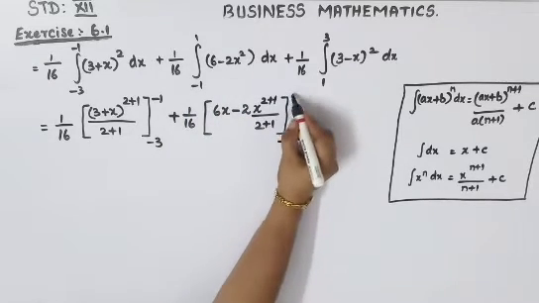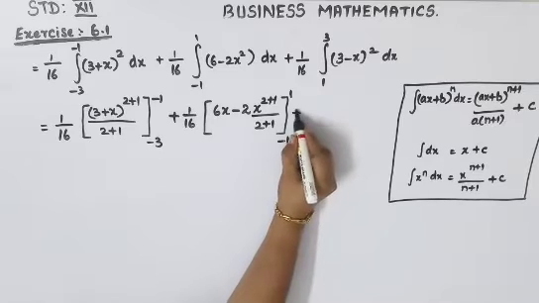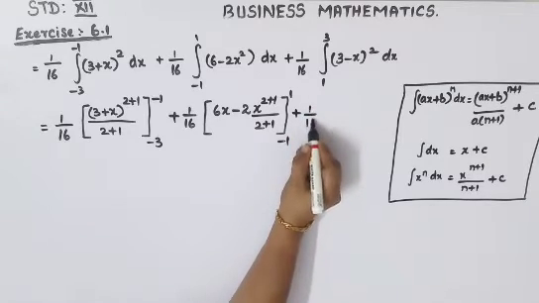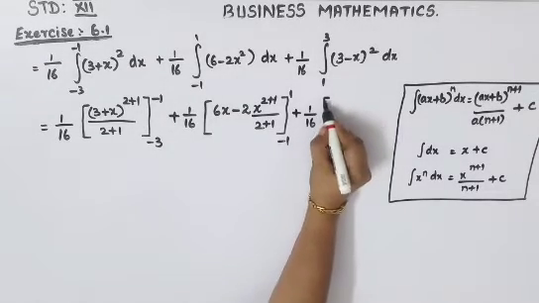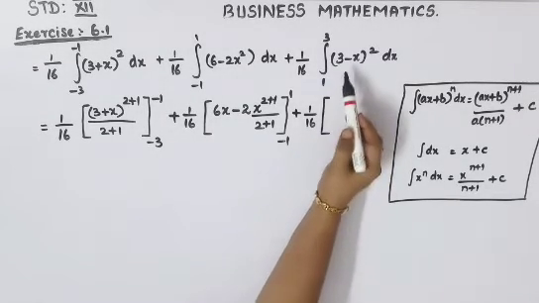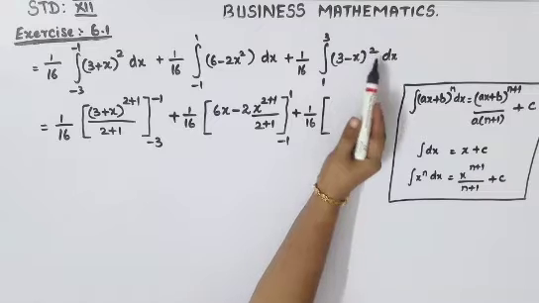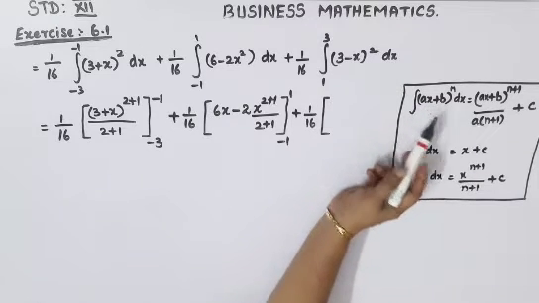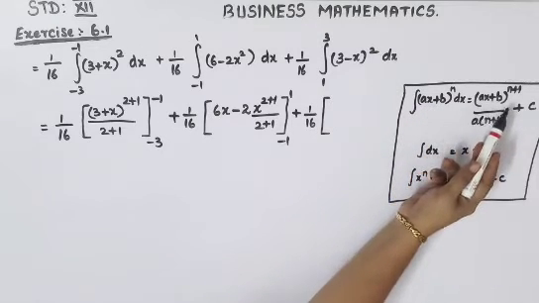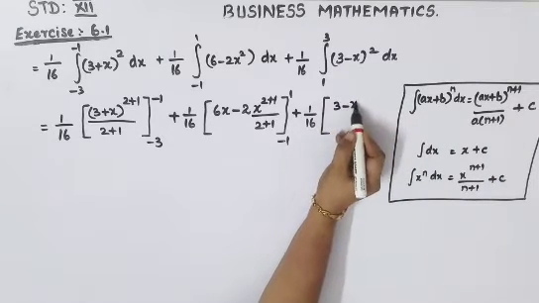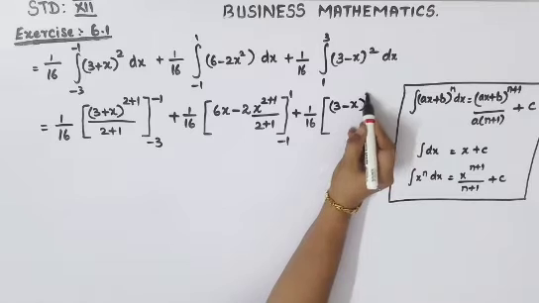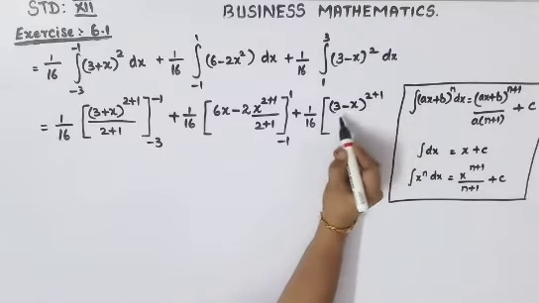Plus again the next third term, it is 1 by 16 constant, keep it outside, open your bracket, go for your integration. (3 minus x) the whole square, same formula you can use here. So you'll get (ax plus b) the whole power n plus 1. So here it is (3 minus x) the whole power 2 plus 1.